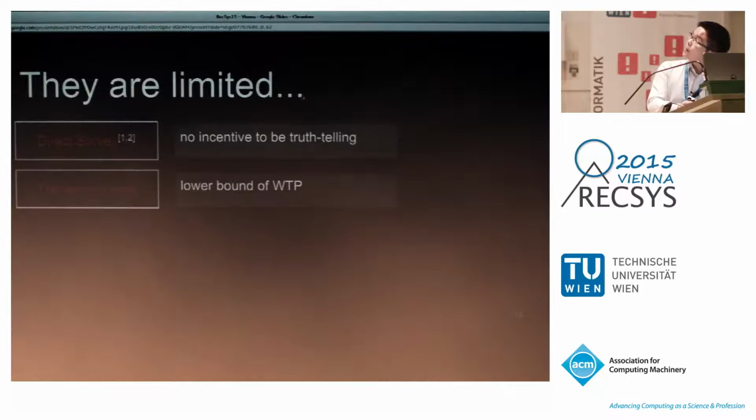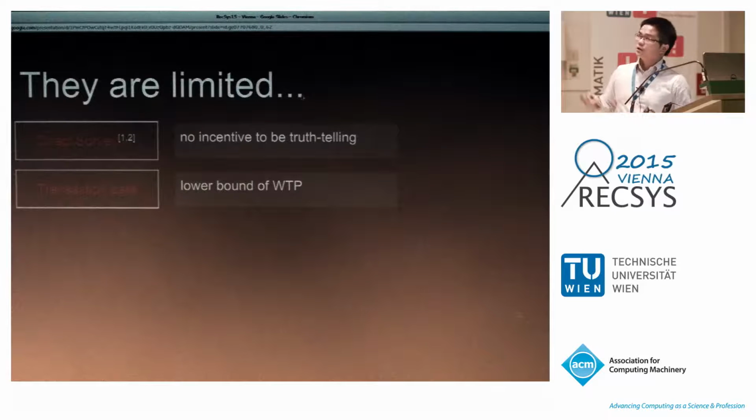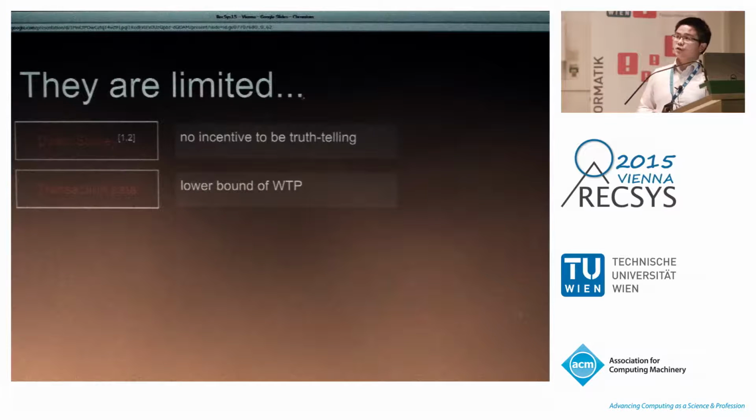And transaction data does not suffer the same problem as direct survey because the data are real. But the problem is that the transaction price is only a lower bound of a user's willingness to pay, right? Let's say a user purchases a shampoo at $10, so the user is probably willing to pay more than that.